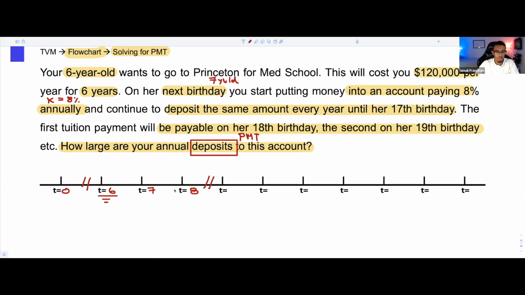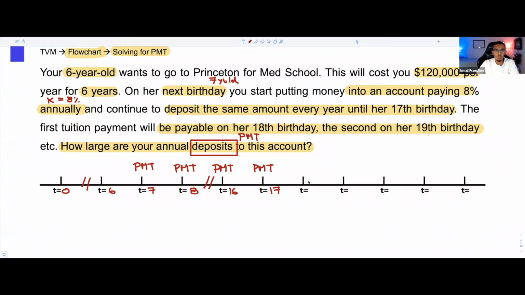So we could say that starting her 7th birthday, we're going to have a payment. And on her 8th birthday, and on her 16th birthday, and on her 17th birthday, we'll have our last payment. So we have payments occurring all the way through, okay?